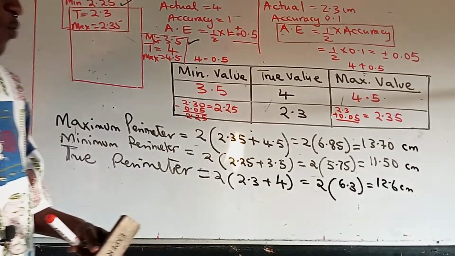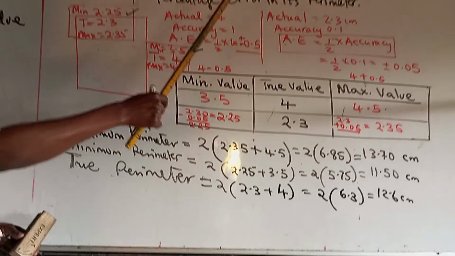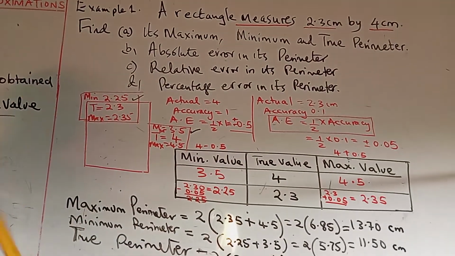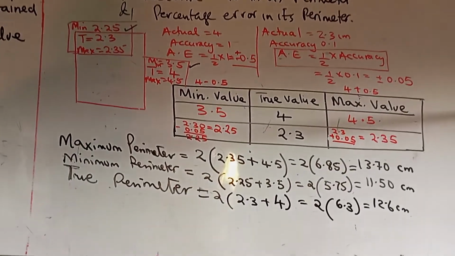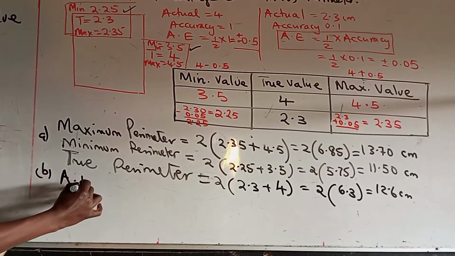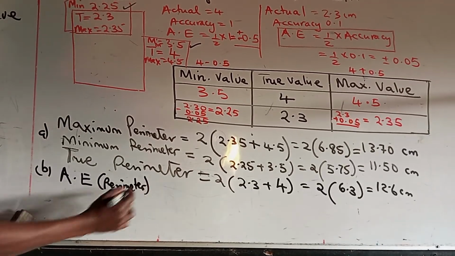So this is what we are actually talking about. Part A has been done. The maximum, minimum, and true perimeters are all shown here. So that we can move to part B, whereby we shall talk about absolute error in the perimeter.